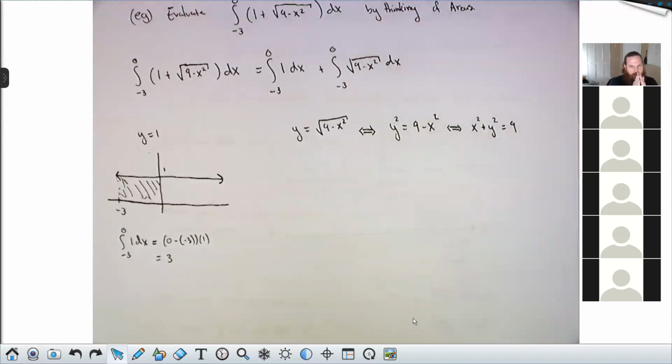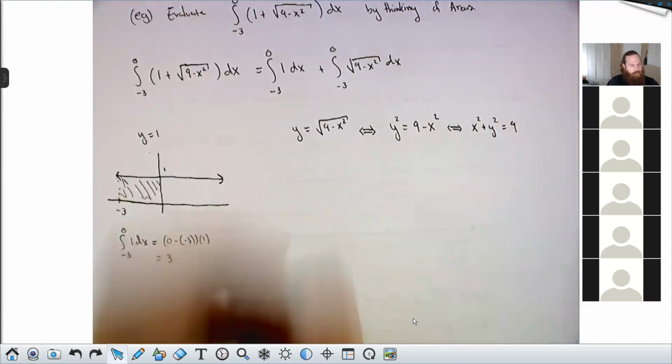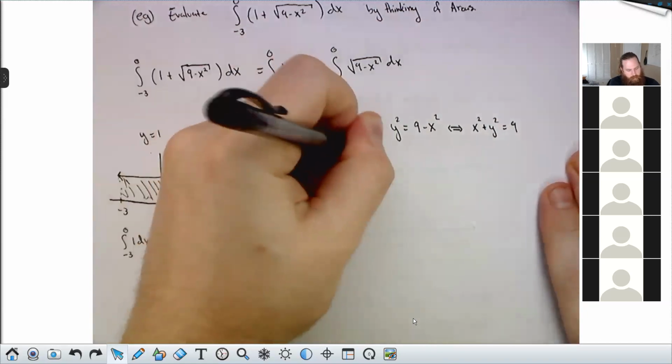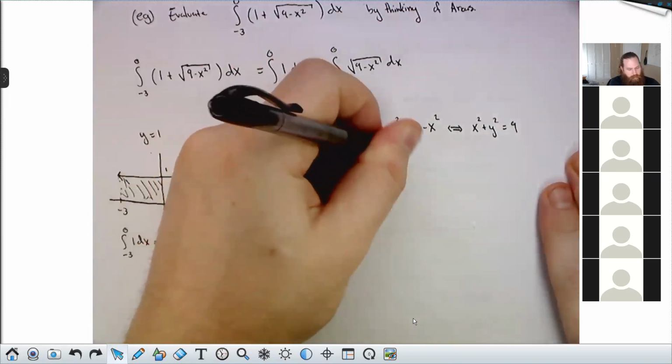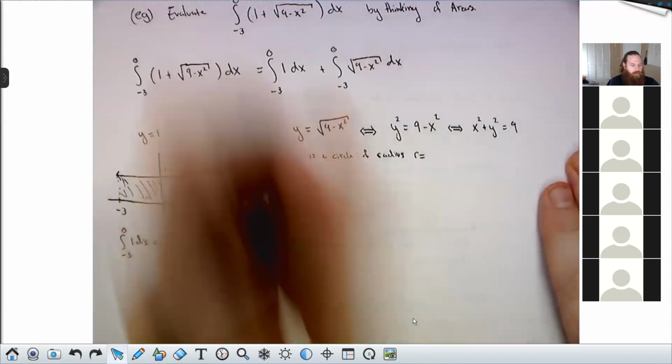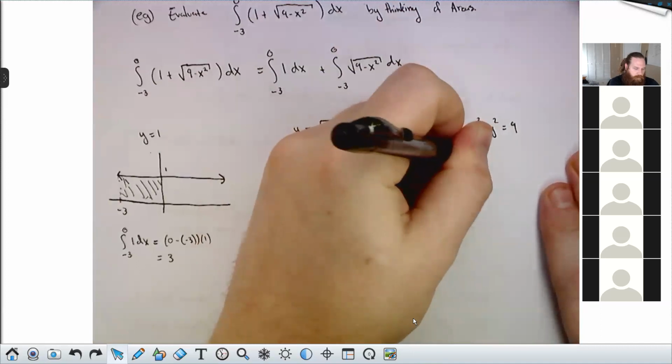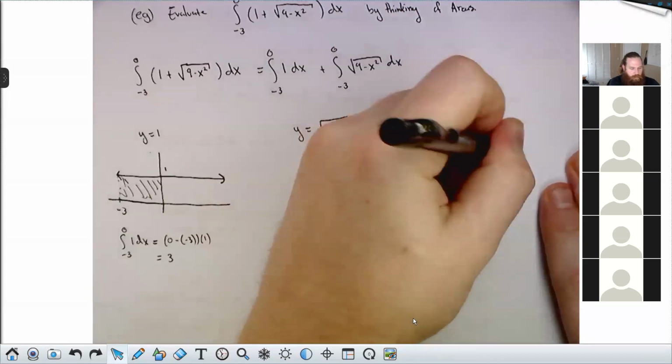Does anybody recognize it now? Circle? Good, it's a circle. Where's the center? What's the radius? The radius 3? Good.